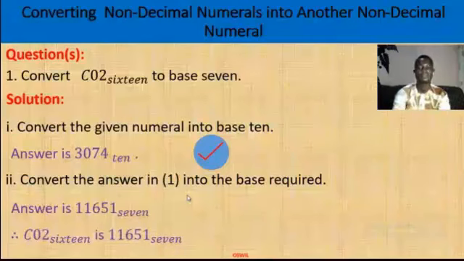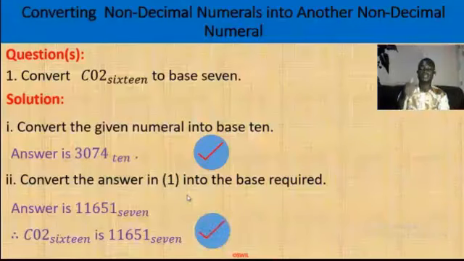If you had this, it means that C02 base 16 is 11651 base 7. If you were able to get this answer, well done. So these are the things to be done. But in all, let's do it together.